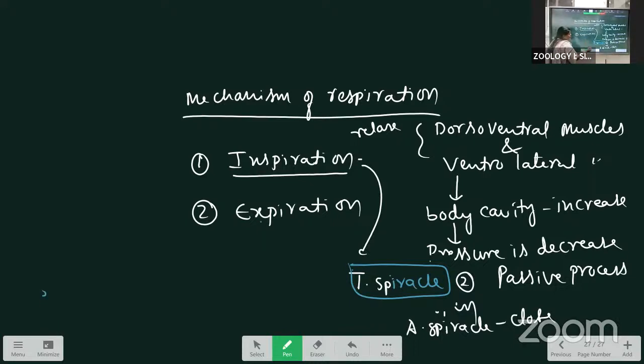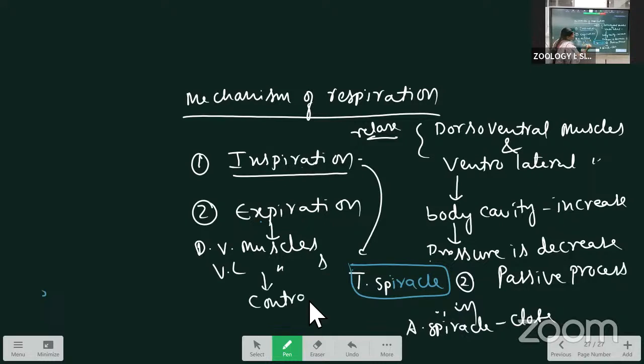What about expiration? In the inspiration time the dorsoventral muscles and the ventrolateral muscles are relaxed. In the expiration time, both the dorsoventral muscles and the ventrolateral muscles contract. At that time the body cavity decreases, and body cavity decrease means the pressure automatically increases.